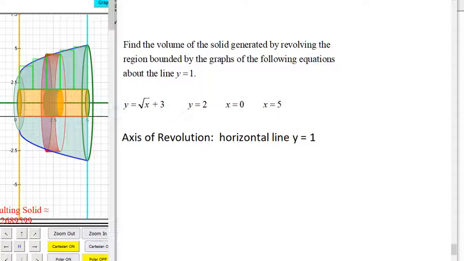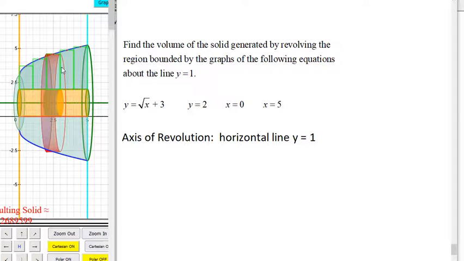And when we revolve that bounded region about the line y equal to 1, this is what the solid of revolution looks like. Because this is the axis of revolution, we end up with a hole in the middle. This is what a typical disk looks like.